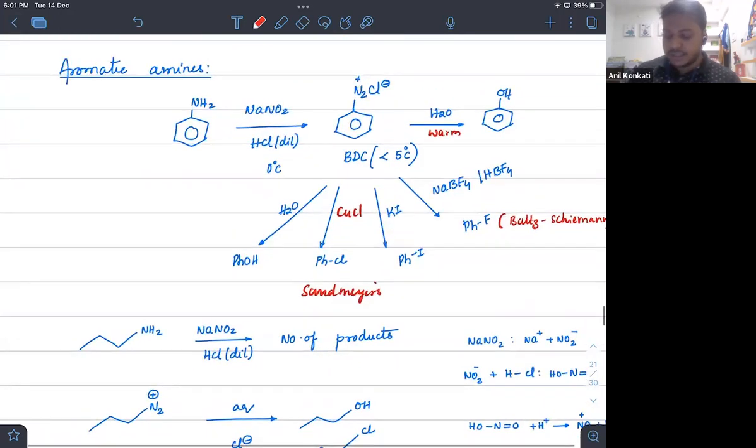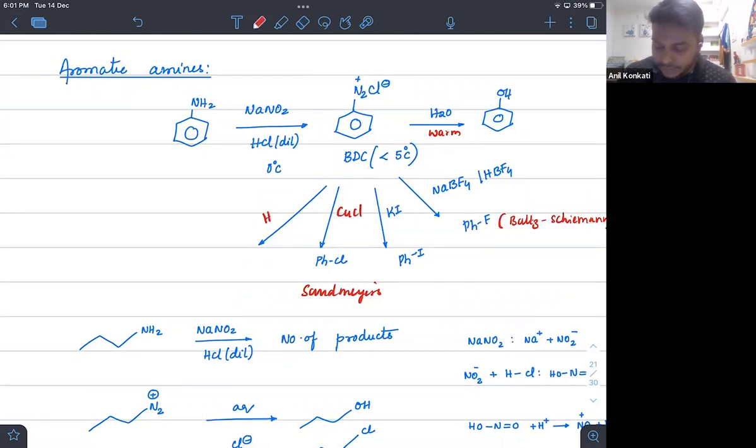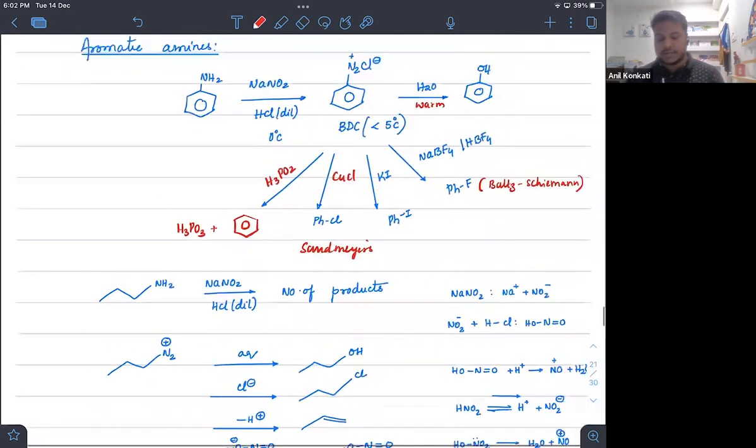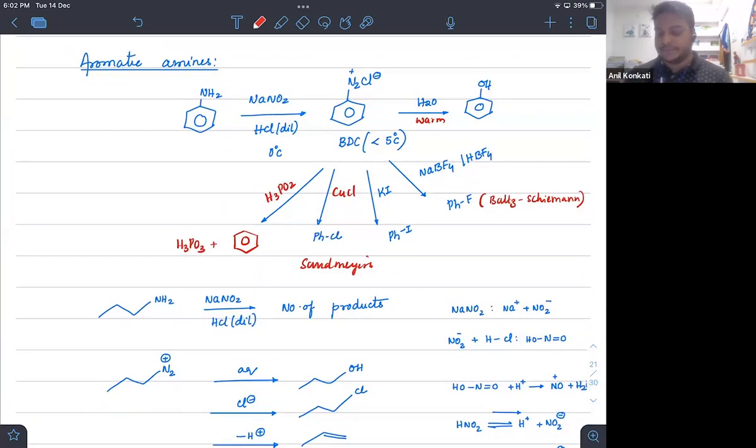And hydrolysis I have already written. H3PO2 in this case, then you'll get benzene plus H3PO3. So these are the reactions which you are typically expected to learn.